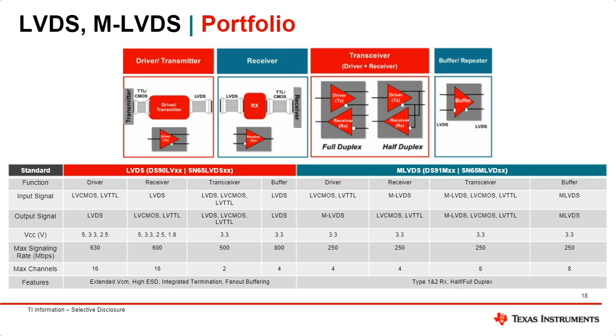On the MLVDS side, most devices that we have in our portfolio are transceivers, coming in at a different number of channel counts, 1, 4, and 8. I recommend first finding the type of device that is needed for your design, and then narrowing down that search based on the different supply voltage requirements, data rate requirements, and any features that are needed.